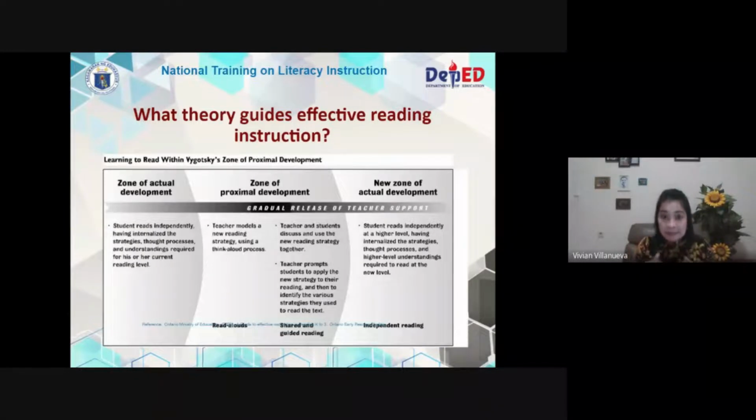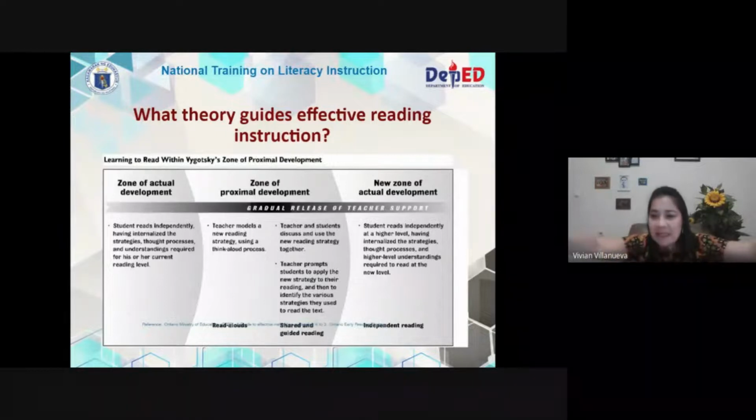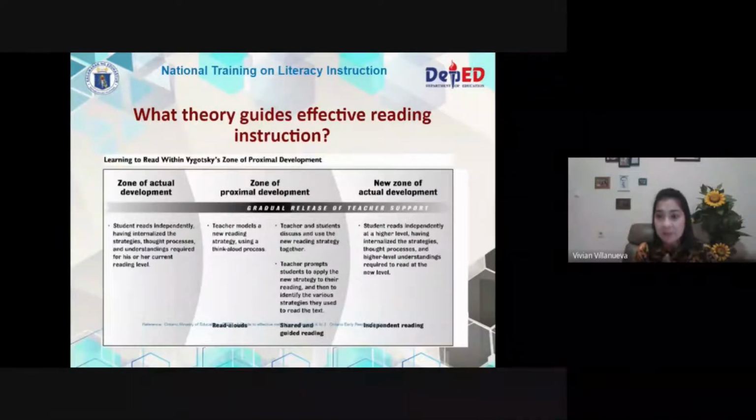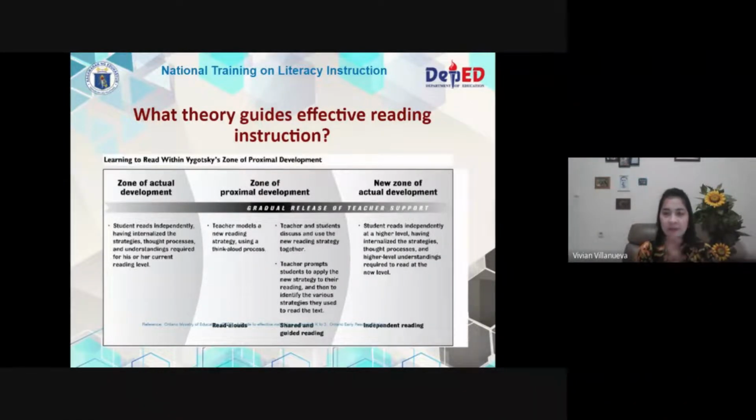But with help, let's say my husband will assist me. Okay, don't worry, I'm going to assist you to develop in your proximal zone. Let's expand it. Jakarta has west, east, north, and south. He's giving me scaffolding.